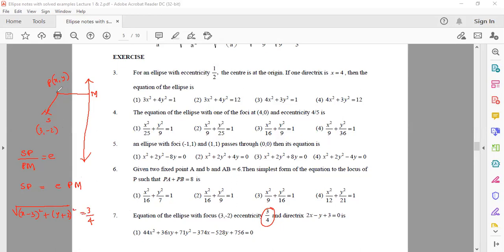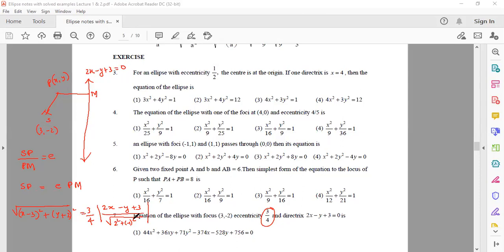PM is the distance from a point to a line. What is the line here? 2x - y + 3 = 0. How do you find the distance from a point to a line? Substitute that point in that, and under root a² + b²: 2² + (-1)².